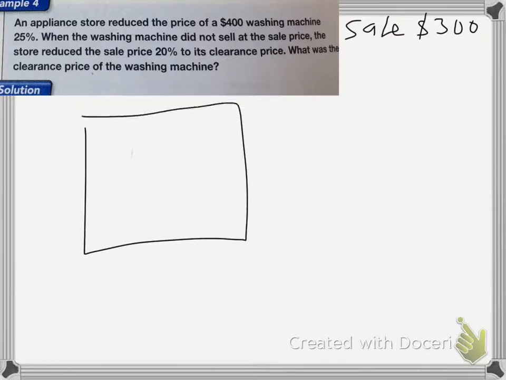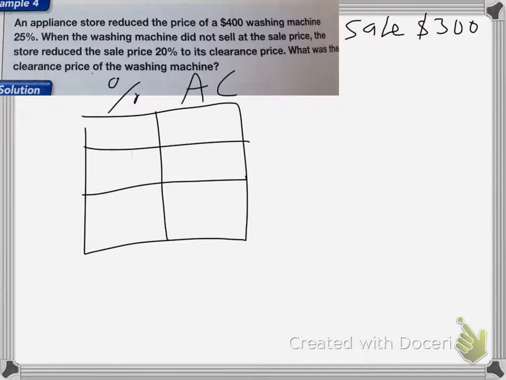So for this ratio box, again, we have our percent and our actual count. So our original, minus the change, and then our new clearance.